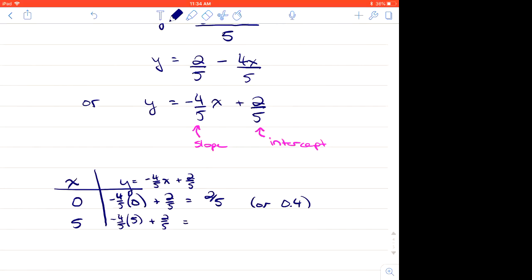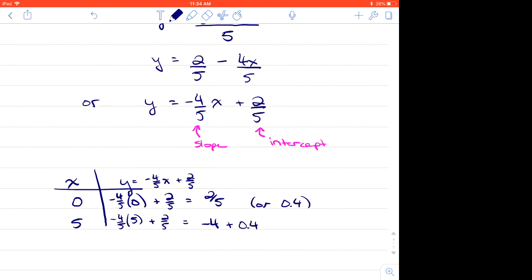This one's going to need a little bit more work. Negative 4 over 5 times 5 is just going to end up being negative 4 plus 2 over 5, which we decided was 0.4.